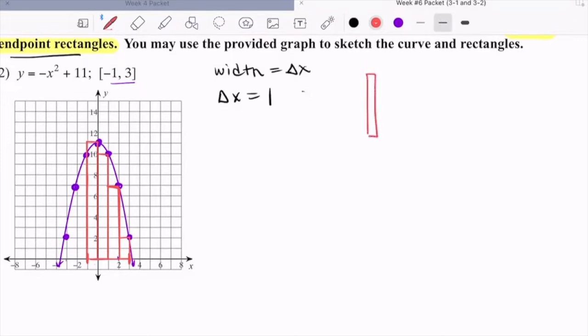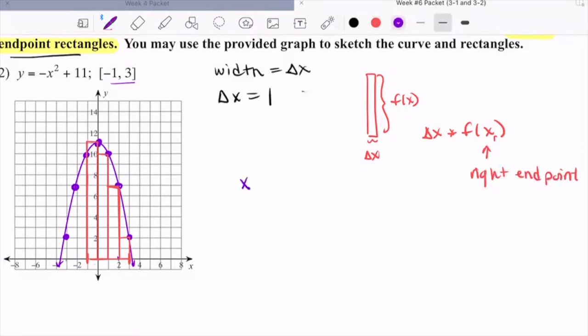So just to recall the image that we should be looking at, the area of the rectangle is going to be the change of x, or the width of our rectangle, times the function value computed at that right endpoint. So let's make a chart like we did in the previous example.